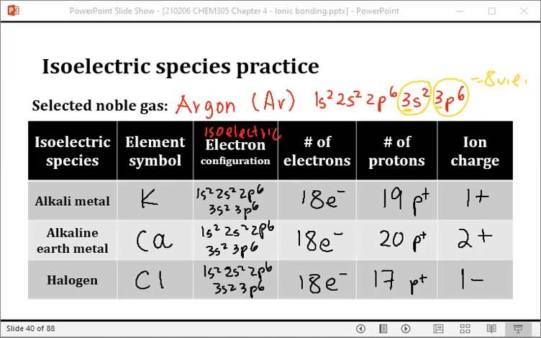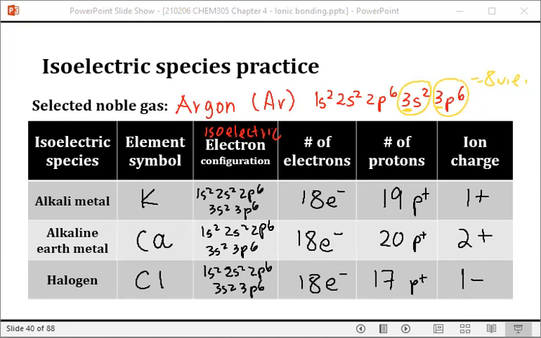And again, it's due to the octet rule that elements will try to get to an electron configuration that's like the closest noble gas, because noble gases all have full octets, meaning that their highest energy electron shells are completely filled with electrons, which is a very stable arrangement.